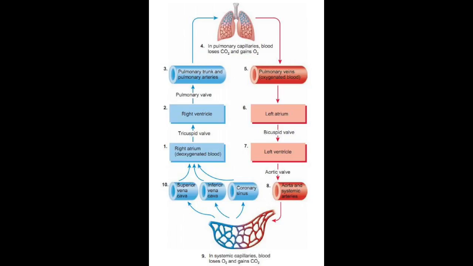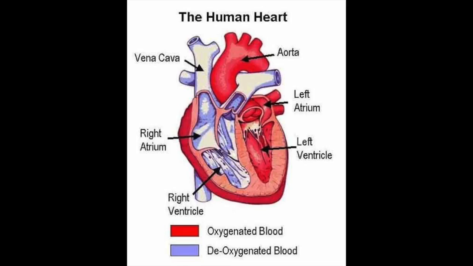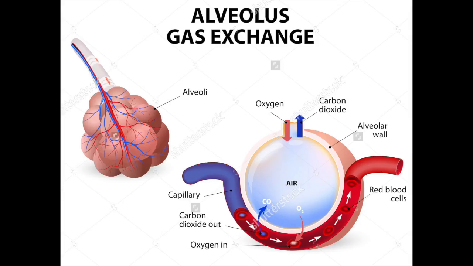This process occurs through gas exchange when the blood in the capillaries gains oxygen and loses carbon dioxide. The part of the lungs that allows this gas exchange is called the alveoli. They're very, very thin and allow things like diffusion and gas exchange to happen.